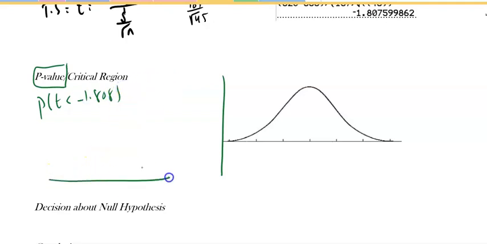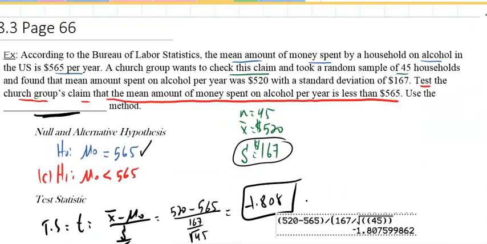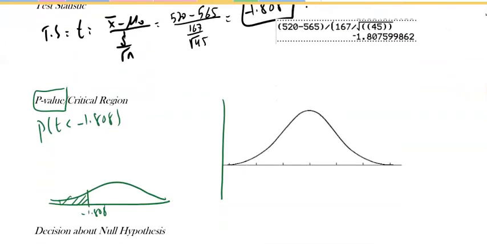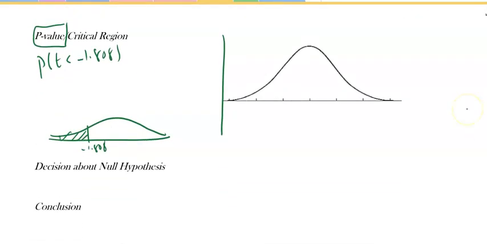So this is negative 1.808, figure out what this area is. Did they specify what alpha is? They didn't specify. We're going to use alpha to be 5%. If this probability is less than 5%, we're going to reject the null hypothesis. If it's bigger than 5%, we fail to reject the null hypothesis.